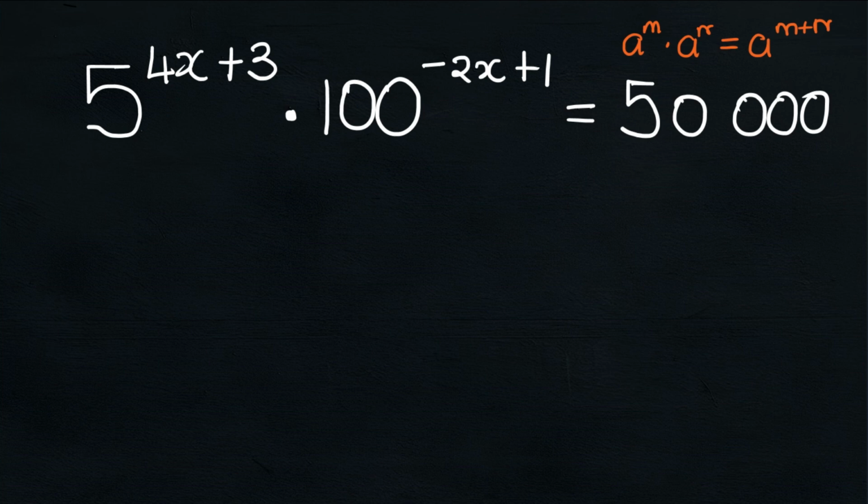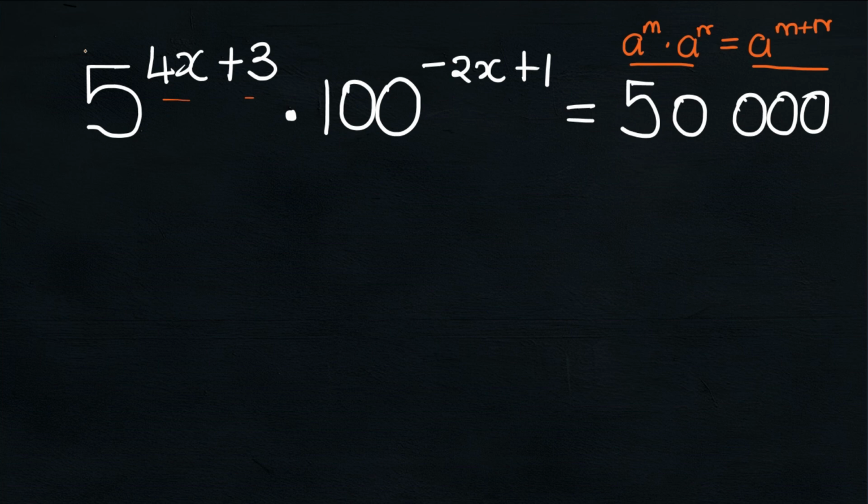So in order for us to simplify this expression or to break it down, 5 to the power of 4x plus 3 is in the form of a to the power of m plus n. But a to the power of m multiplied by a to the power of n will simplify our expression.